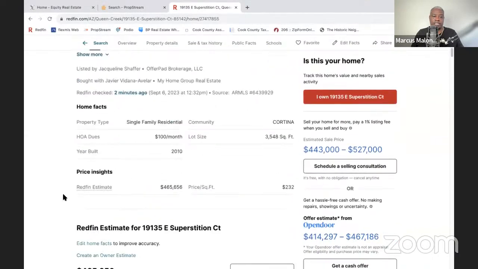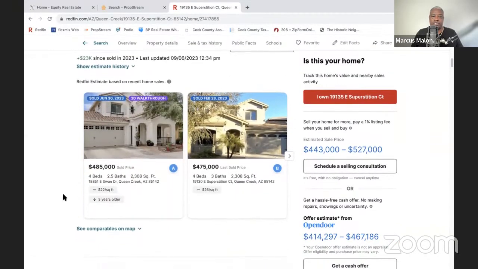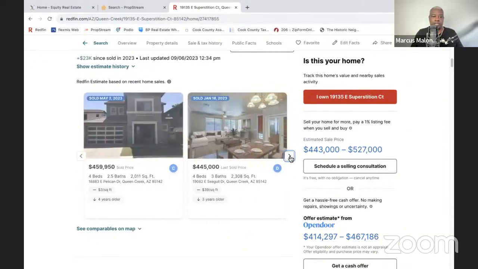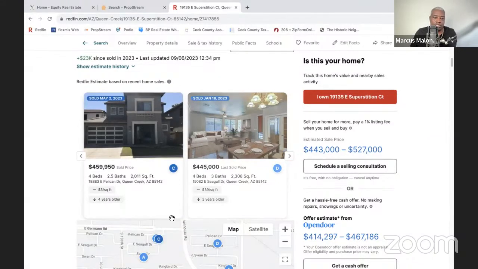Let's scroll down and see if anything else pops up. We have 475, that one's 2,300 square feet. 459, same area, just across this street.